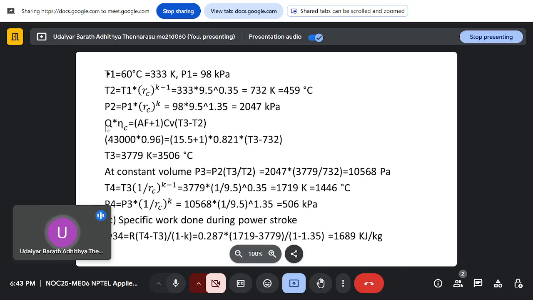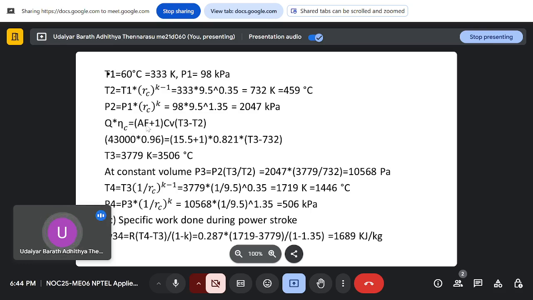So your heat addition is given as: heat addition into your combustion efficiency equals air fuel ratio plus 1. So that gives you the total amount of mass present. The heat input is mass of fuel into the calorific value of fuel into combustion efficiency.